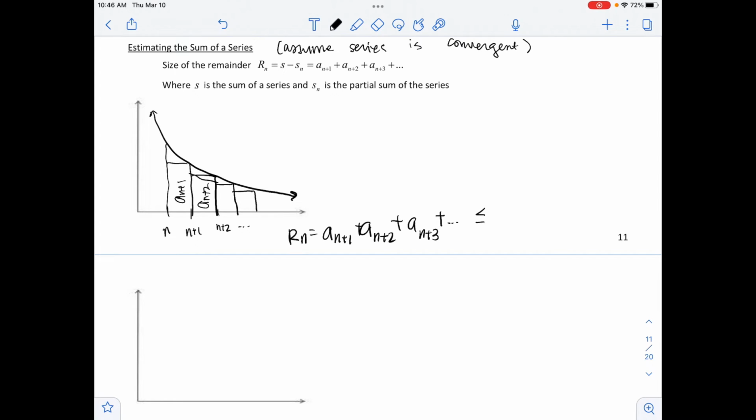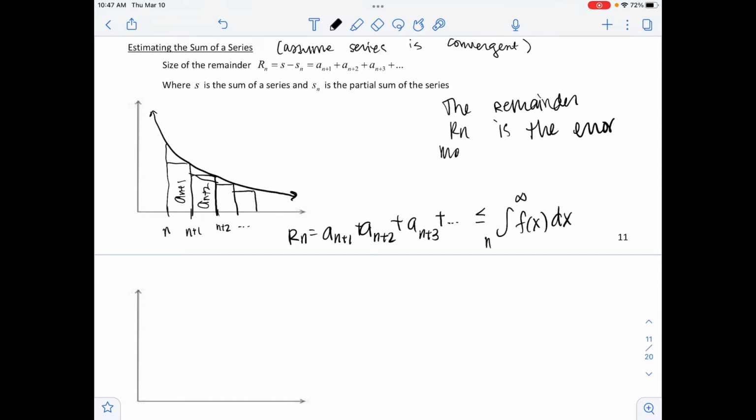And this is going to be less than or equal to that integral from n to infinity of f of x dx. And again the remainder, r sub n, is the error made when s sub n is used to approximate the total sum.